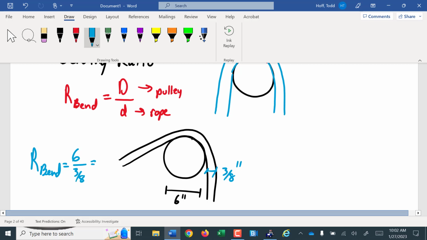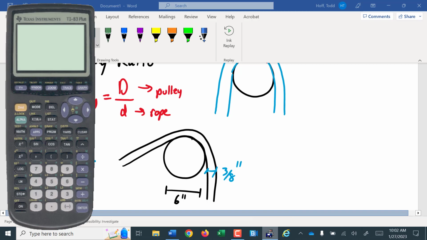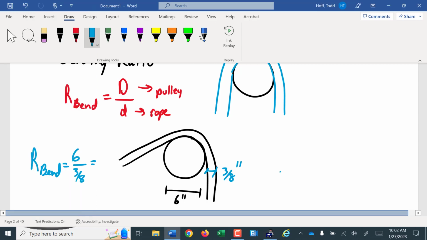If we do 6 divided by 3/8, now if you're going to do this on your calculator, if you have a fraction calculator, you can enter the fractions. But if you don't have a fraction calculator and you're just entering this on a cell phone calculator or whatever, what you do is 6 divided by, then you put parentheses around 3 divided by 8, and then close the parentheses. That'll give you the correct calculation, which is 16. So we have a bending ratio of 16.